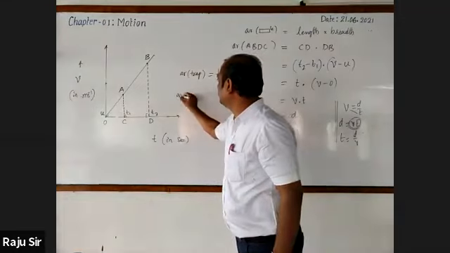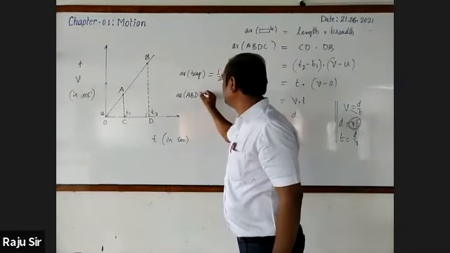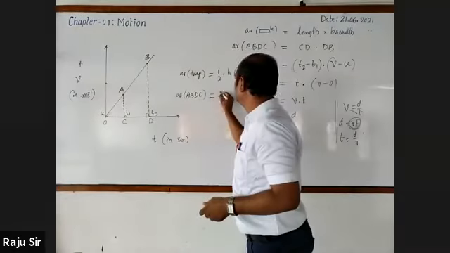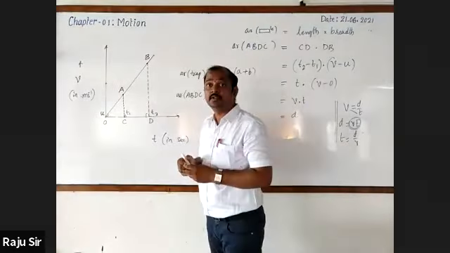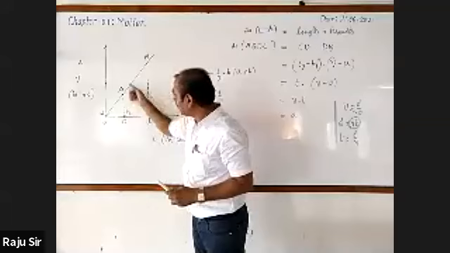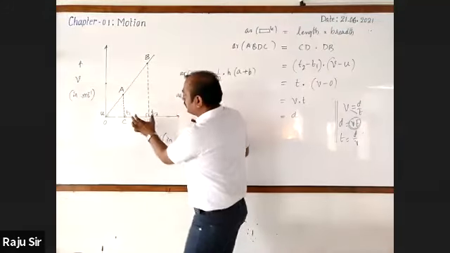Area of ABDC is equal to half into height. Which one is to be taken as height? BD, AC, or CD? Observe.